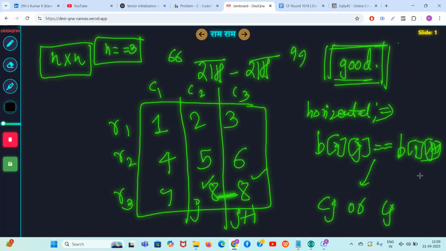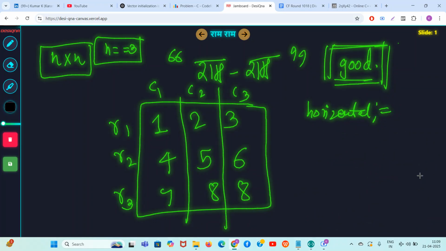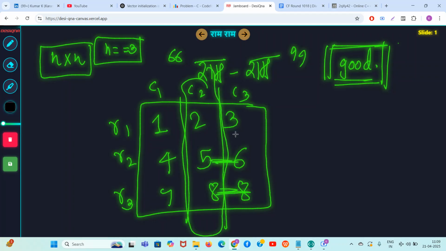The biggest observation is that column operations can only affect the horizontal adjacent cells. Whatever column operations you are doing, they can only affect these horizontal bonds. So basically they will surely affect the horizontal bonds which are equal, and they will change them, right?